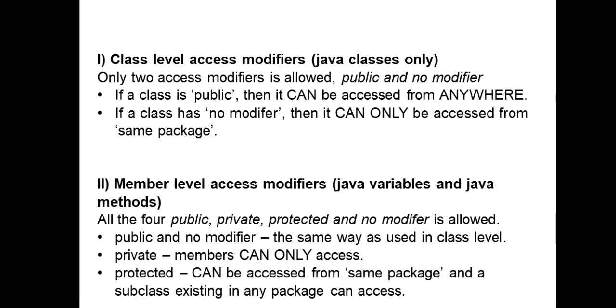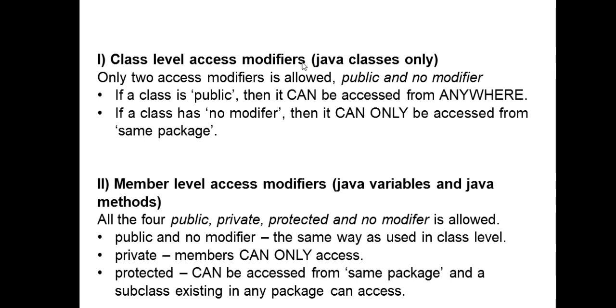The data hiding is the concept where we can restrict the accessibility of data, okay. So to restrict the accessibility of data, there is the concept of access modifiers in Java. So access modifiers can be implemented in two ways. First one, class level access modifiers, and then second, member level access modifiers, okay.